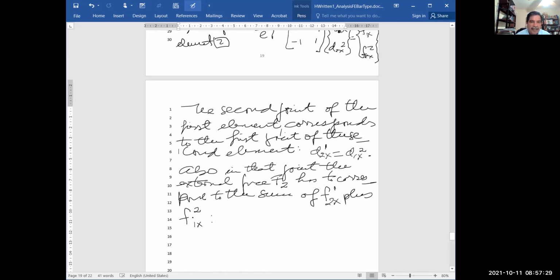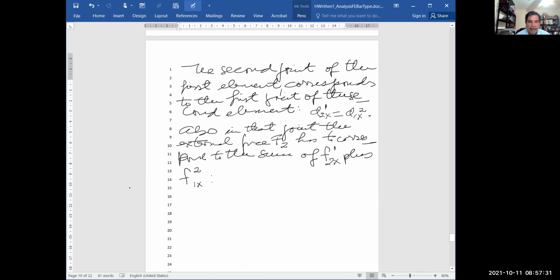So we have to say that F2 in the x direction has to be equal to the first one.